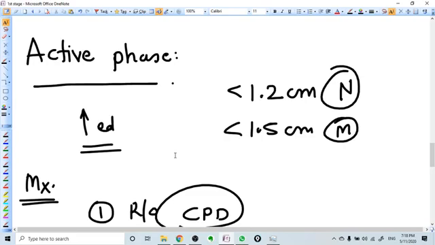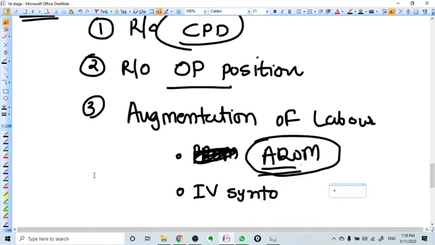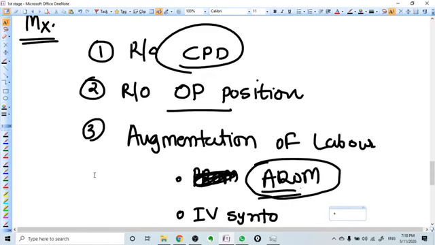Once you rule out all these things, you know that the only remaining problem is that adequate uterine contraction is not there, or the labor is not actually well set. So you need to do two or three things, like artificial rupture of membrane. Artificial rupture of membrane makes uterine contractions intense.